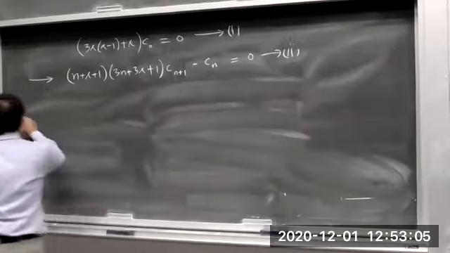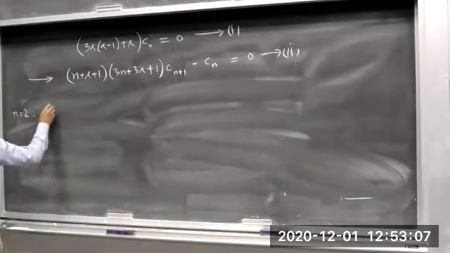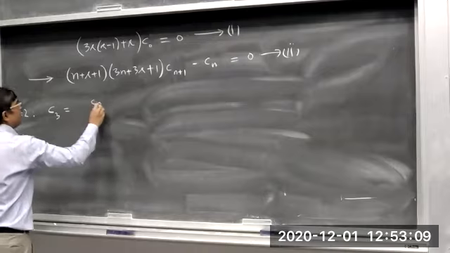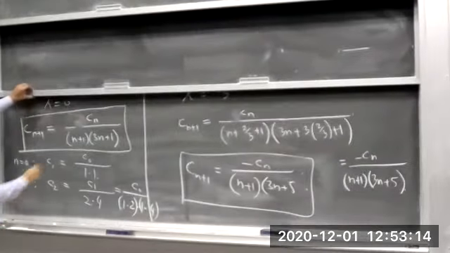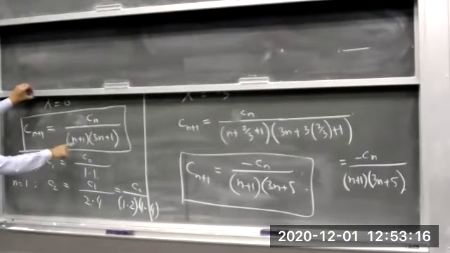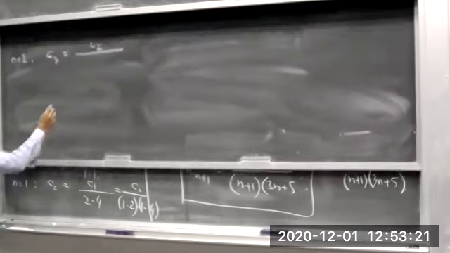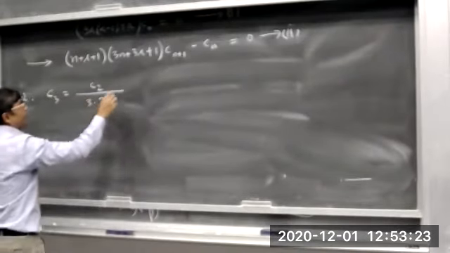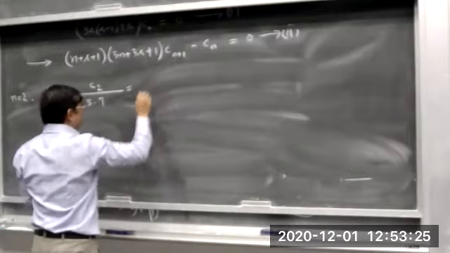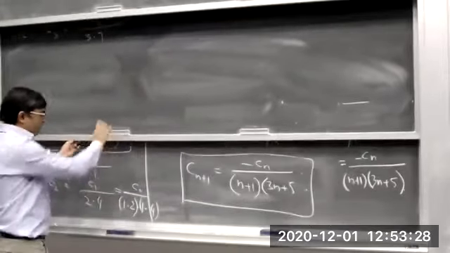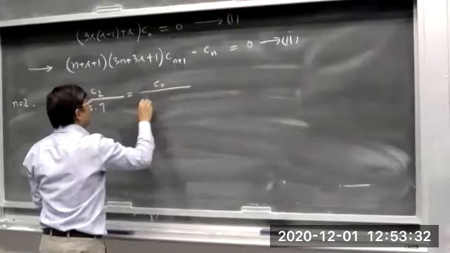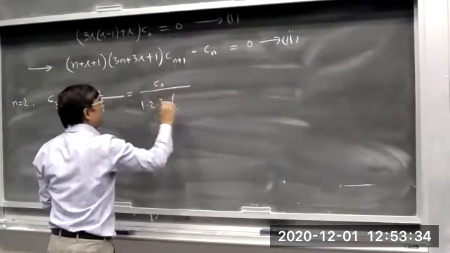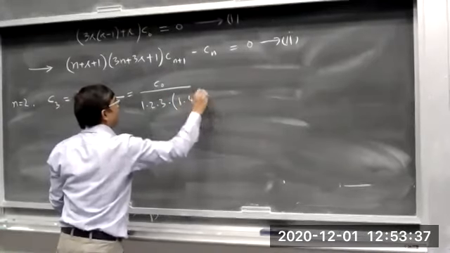For n is equal to 2, C3 is equal to C2 all divided by, what was the expression? n is 2, so here 3 comes, and here 6, 7. So it becomes 3 into 7, and C2 is 1, 2, 1, 4. So it becomes C0 divided by 1.2.3 into 1.4.7.